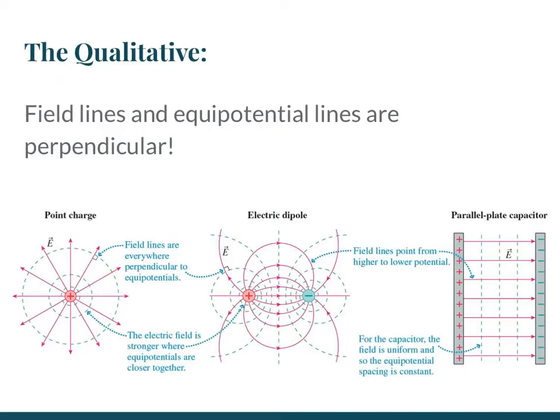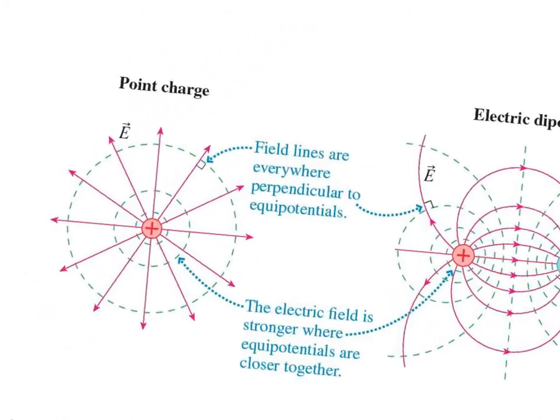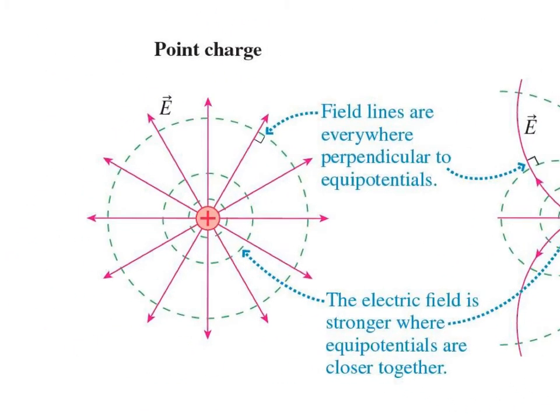This slide basically says the same thing, but it has some good examples. If we look at the point charge first, the electric field from a positive point charge points away, like you can see with these pinkish lines.